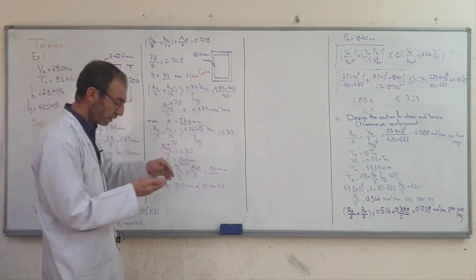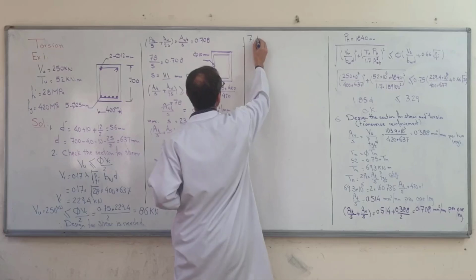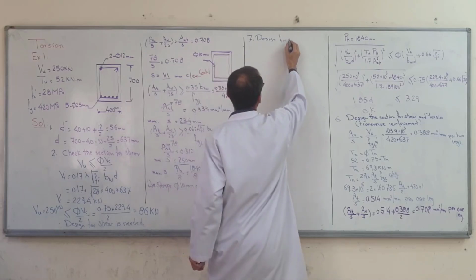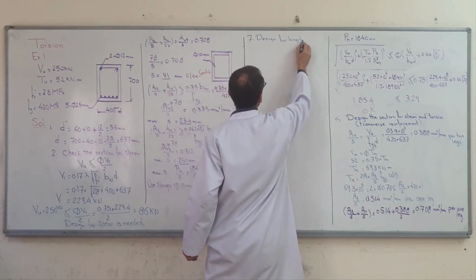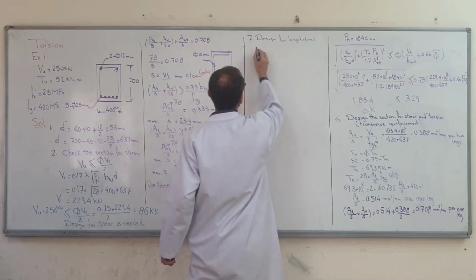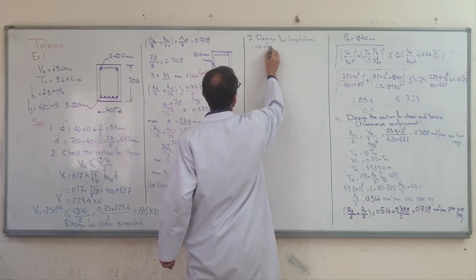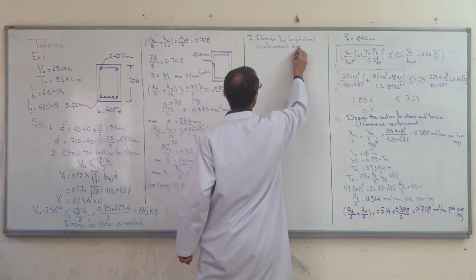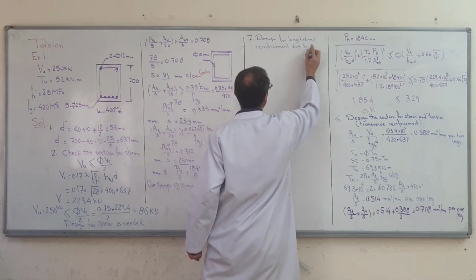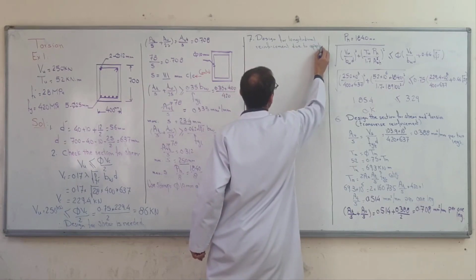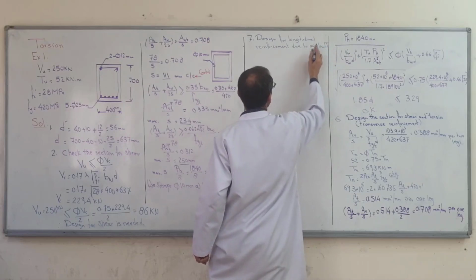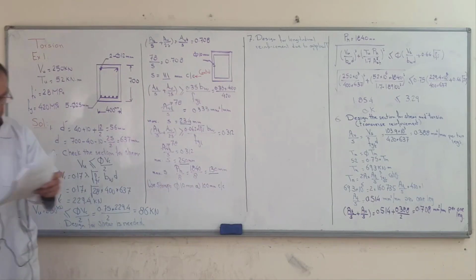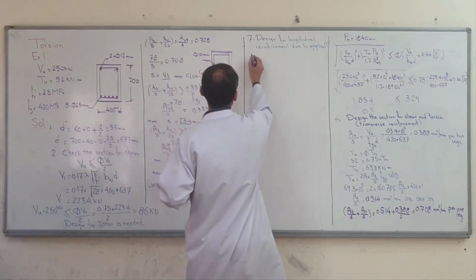This is point number 7: design for longitudinal reinforcement due to applied torsion. We have this equation for applied torsion.